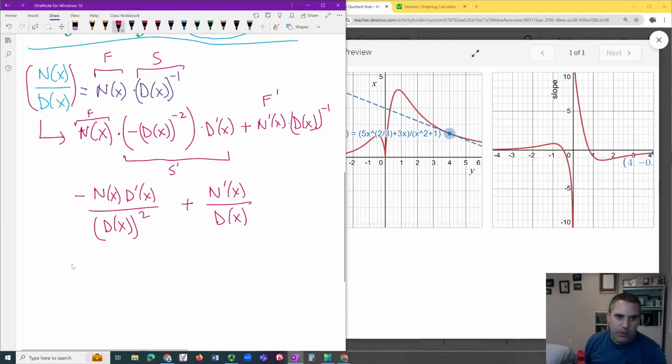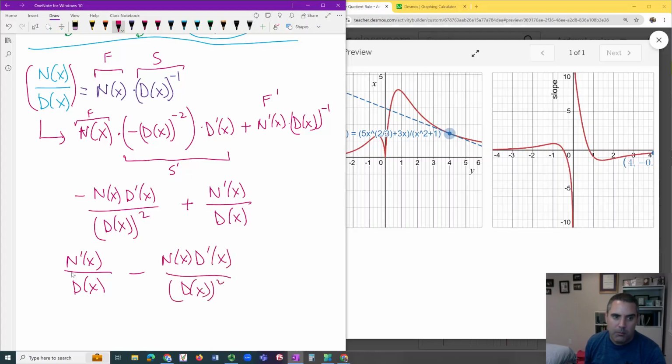So typically somebody was like, well, I kind of like to put the minus in between. So rearranging and making it look a little prettier, you get this. And then if you get a common denominator, you're going to have a d of x here, and this is going to be a d of x squared. And if you put it together, there's yet again our rule: denominator times derivative of the numerator minus numerator times derivative of the denominator, over the denominator squared.